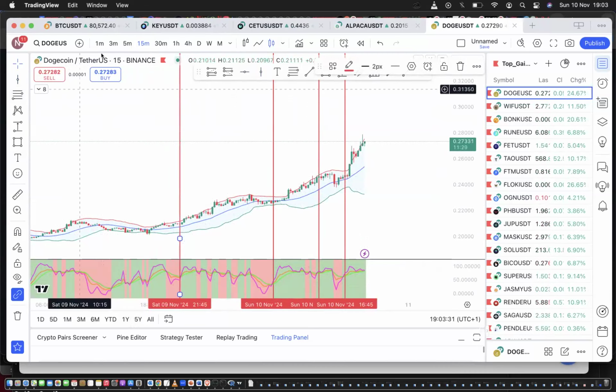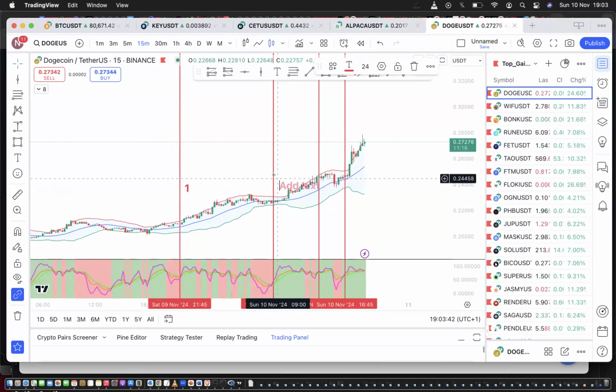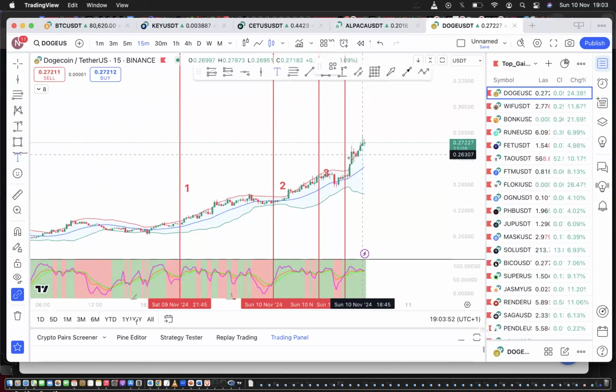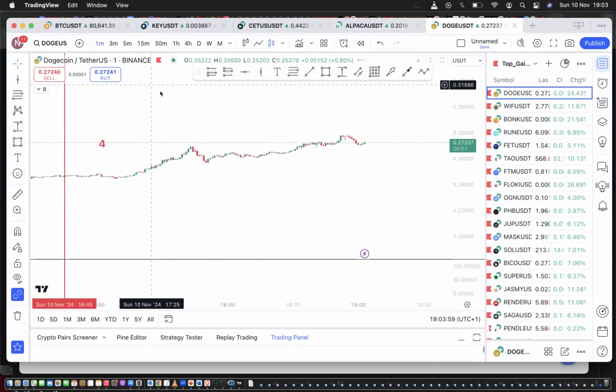Okay. Now let's go to the 1 minute charts, but let me put a text here. Let me just put 1 here, 2 here. I'm just trying to mark these, 3 and 4. All right, so those are 4 bars. So let's go to the 1 minute chart.